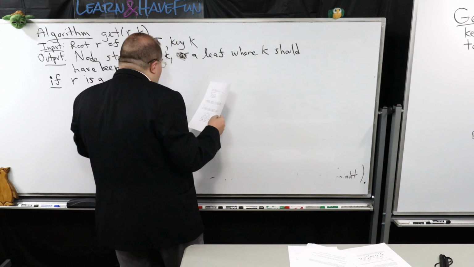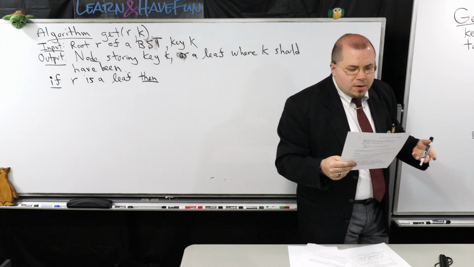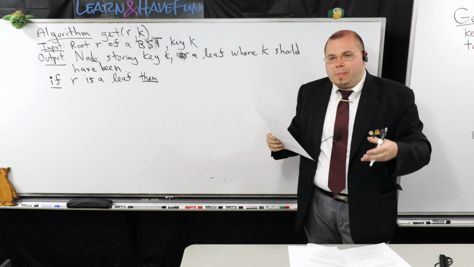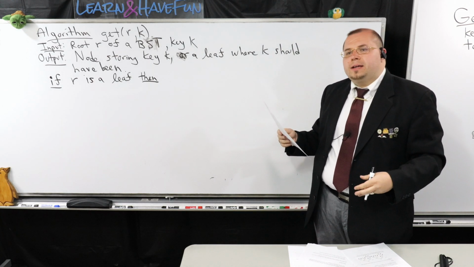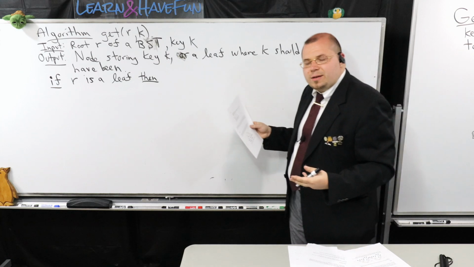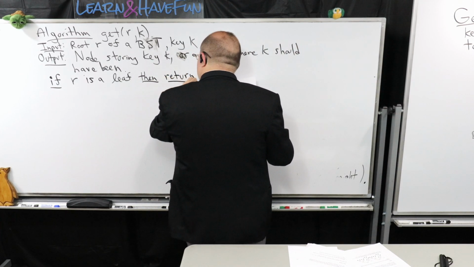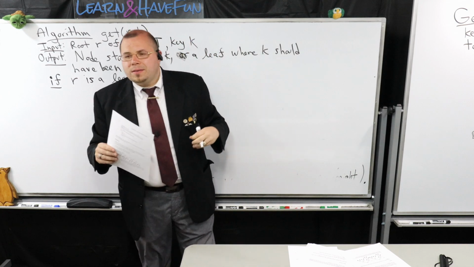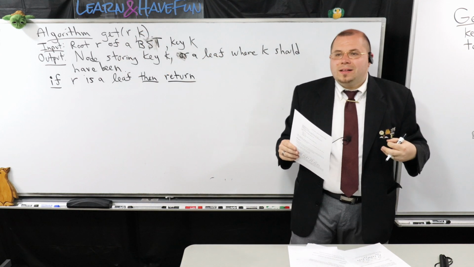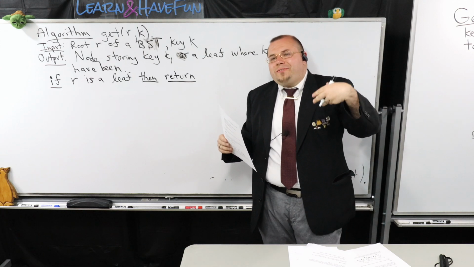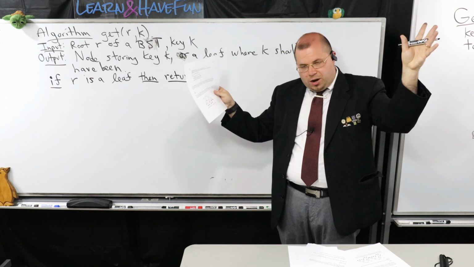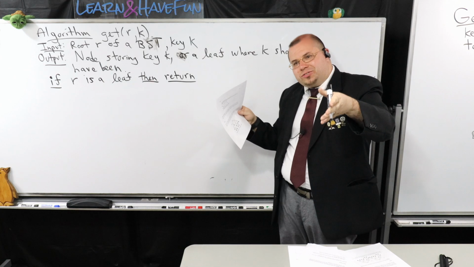So imagine if R was the root of the tree, and it's a leaf. What does that mean? Normally, if it was truly the root of the entire binary search tree, it would mean the binary search tree is empty.